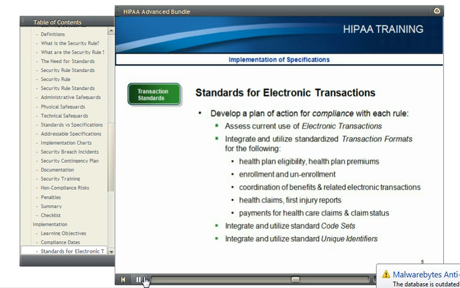Standards for electronic transactions. Develop a plan of action for compliance with each rule. Assess current use of electronic transactions.